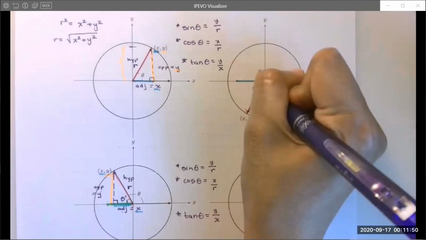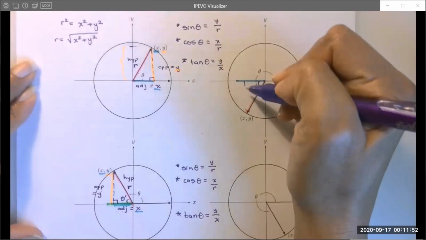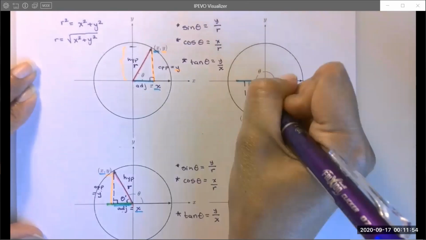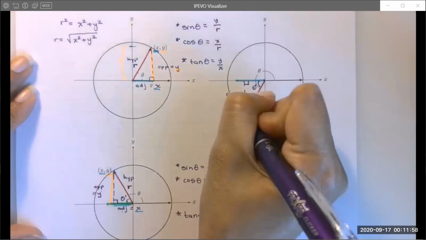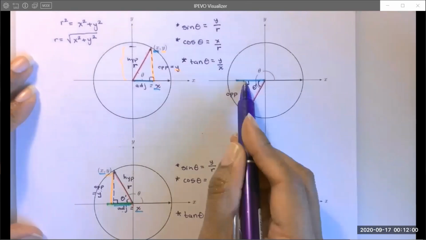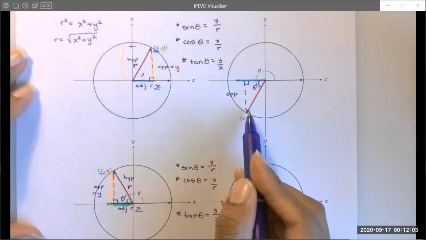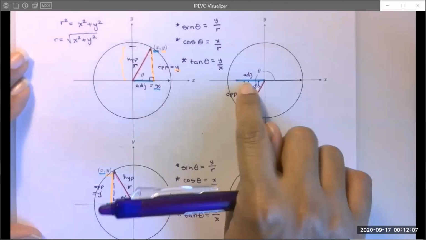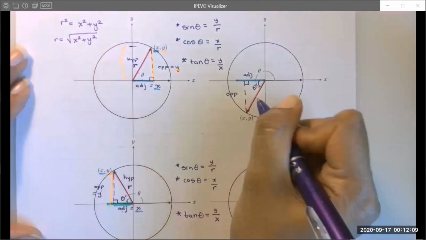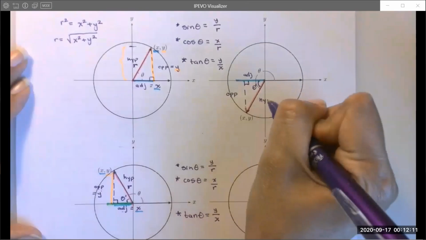That'll be theta prime. Again, we draw a right triangle. And then the opposite side is this side that's going down in the y direction. The adjacent side would be here on the x-axis, and then the hypotenuse is this terminal side.